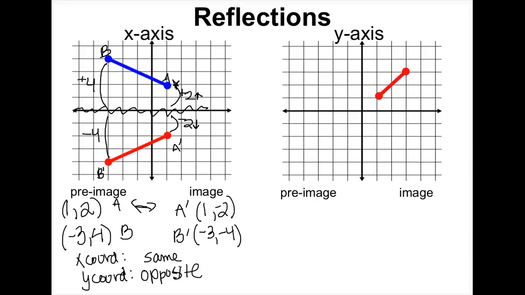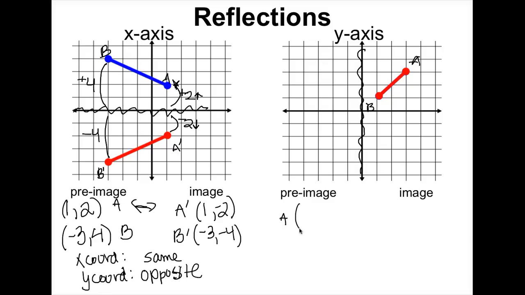Let's take a look at our next one. If this reflects over the y-axis, take a look and see what's happening as it reflects over the y-axis. So in this case, my y is the reflection point. Over the y. So if we call this point A and this point B, let's get our ordered pairs.